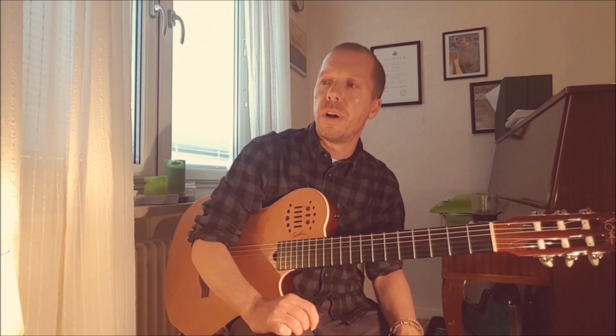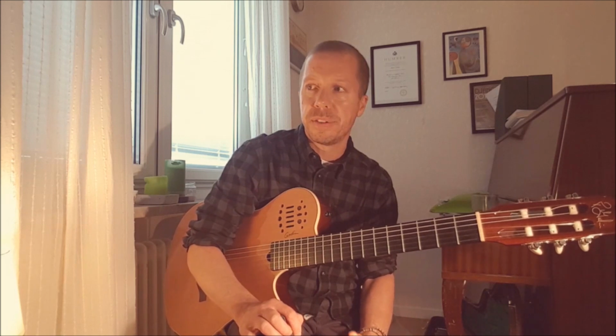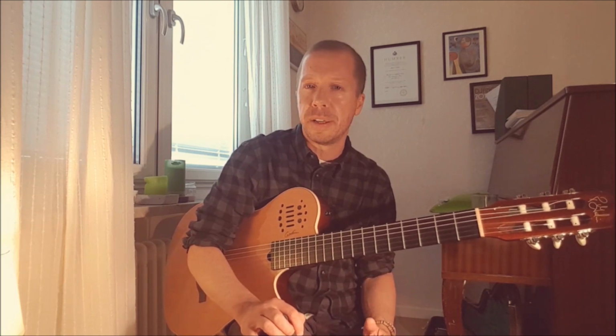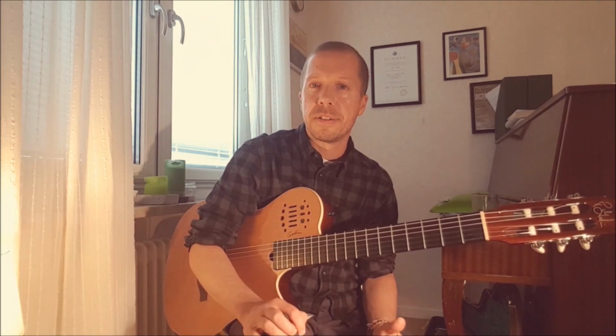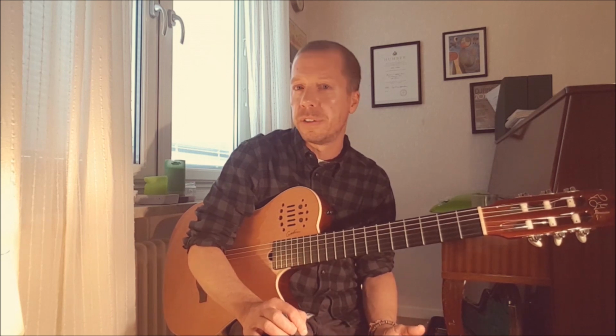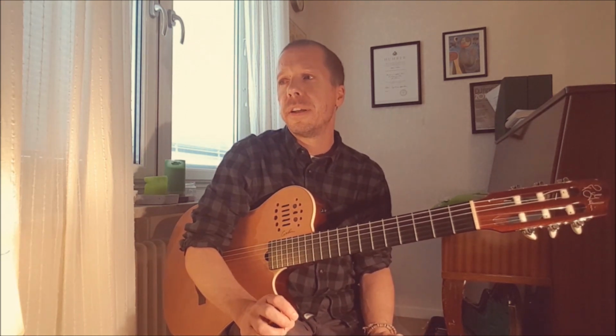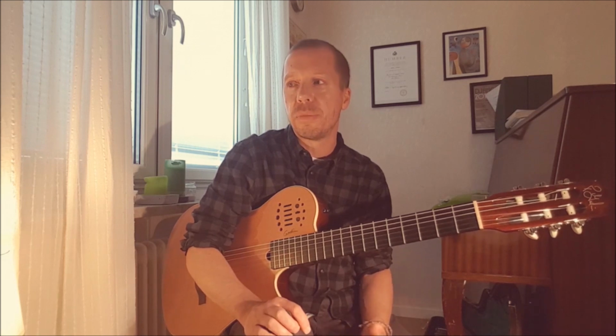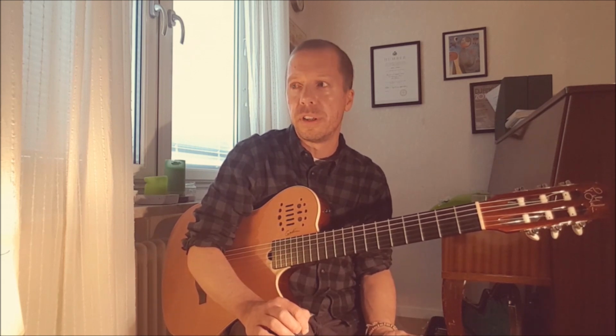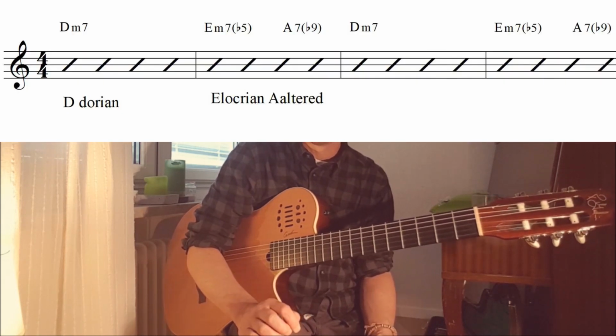A lot of books will tell you this. I remember when I started playing, I looked at jazz books like Ebersold's and what have you, and they would tell you, okay, you're supposed to play D Dorian over the D minor. For some reason, it's Dorian.